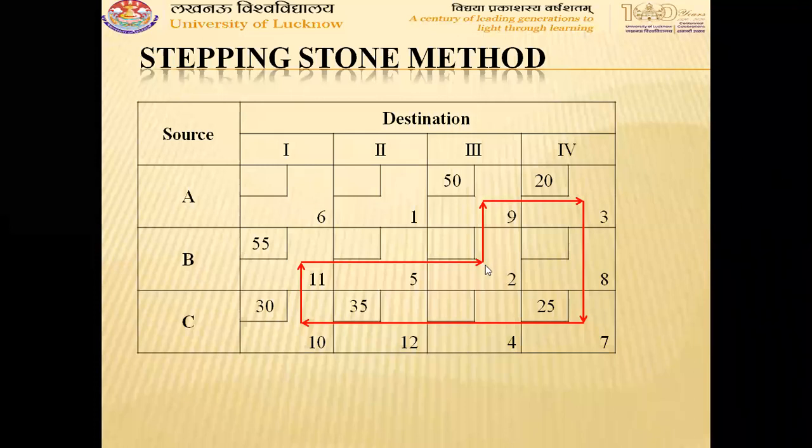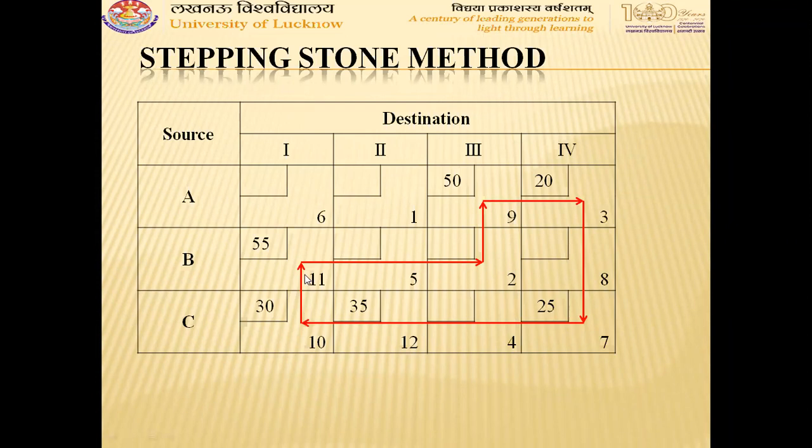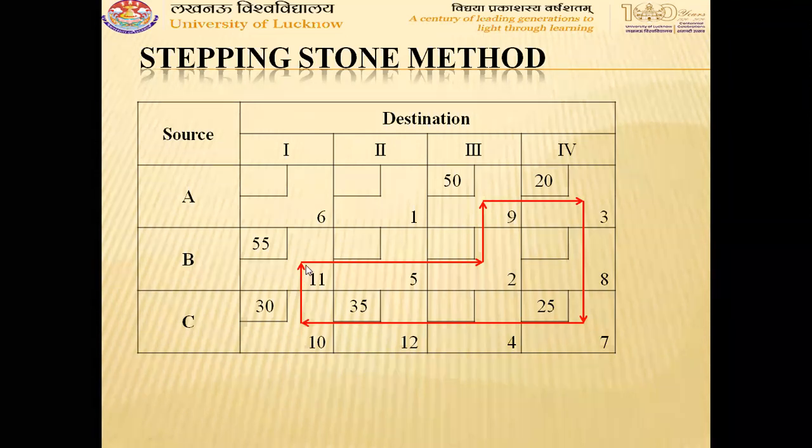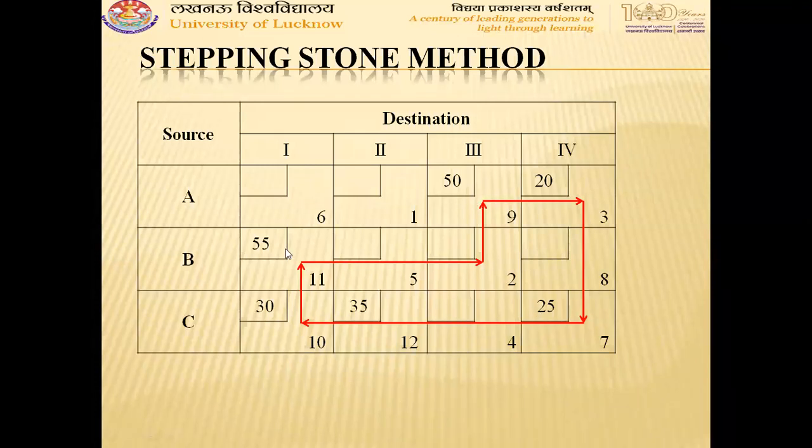That is, add, then subtract, then add, then subtract, then add, and then subtract. The places where we subtracted quantities are 50, 25 and 55. The minimum of these three is 25, so we add quantity 25 here, and then alternately subtract and add.